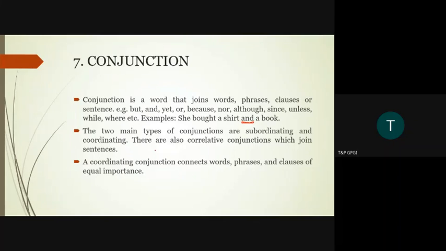The two main types of conjunction are subordinating and coordinating. There is also another type, known as correlative conjunction, which joins the sentences. You see the difference between them. The coordinating conjunction connects words, phrases, and clauses of equal importance. Conjunctions like for, so, because, and, or. They are easy, you say them regularly.